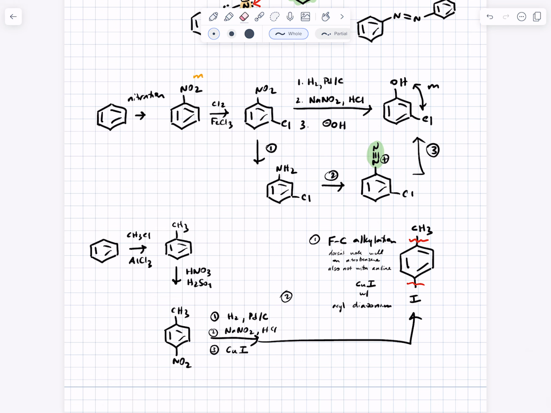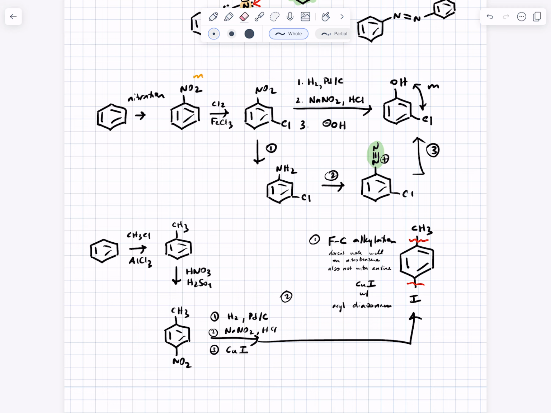Go ahead, yeah. How long to get from benzene to the diazonium salt? That's a good question. I've not done this chemistry before myself, so I'm just going to guess here. But with any reaction that you run, there's the setup time and then the running time.